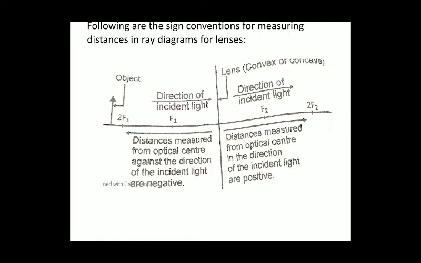Just observe this figure. In this, one x-axis is there on which the points F1, F2 and so on are marked, and one y-axis is there which represents the curvature of the lens, either convex or concave.